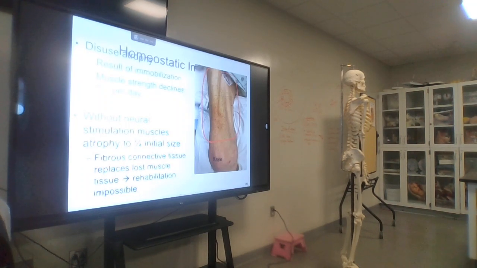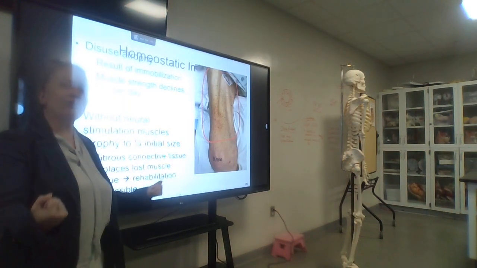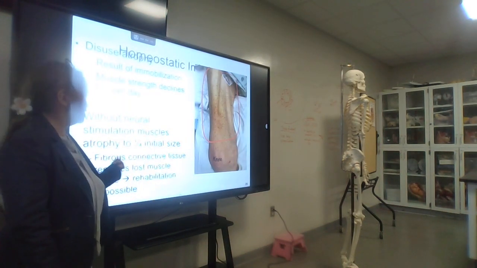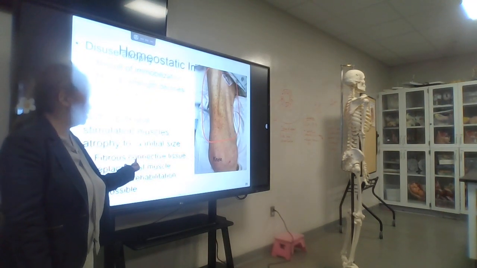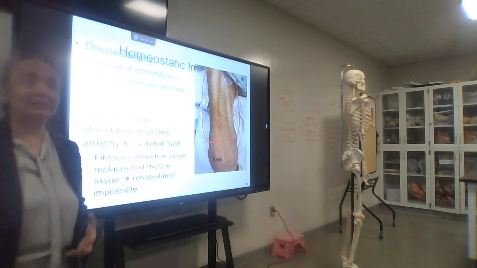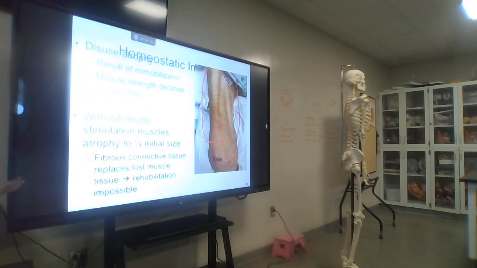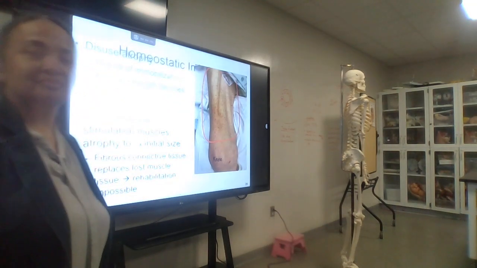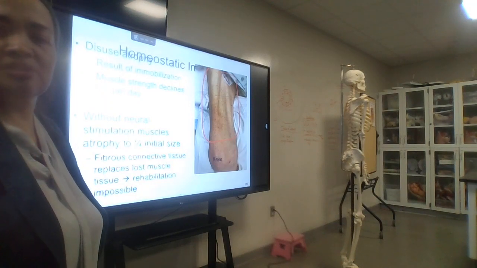If muscle cannot go back to muscle anymore, you cannot grow it back, and it will turn into scar tissue. And if it already turned into scar tissue, rehabilitation is impossible. You cannot rehabilitate or train scar tissue because it's no longer muscle. Any questions on muscles? Let me just turn this off.